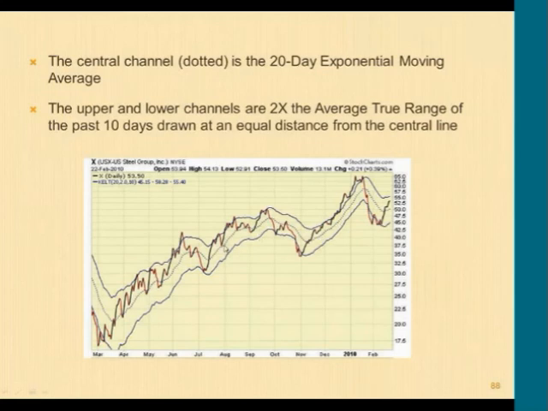So the Keltner channels display the 20-day exponential moving average with this dotted line, and then the upper and lower channels are 2 times the average true range of the last 10 days, drawn equidistant from this middle channel. So that's how they're actually calculated.